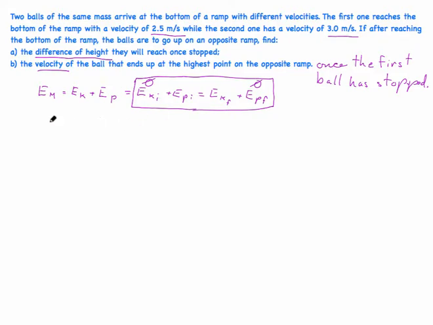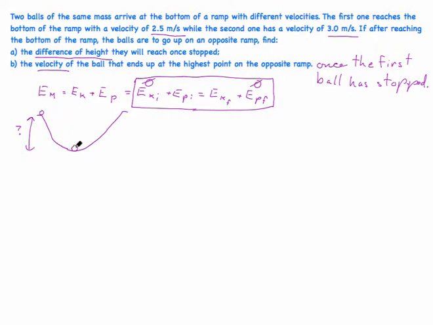Okay, so we have a ramp. I'm going to sketch the ramp. And opposite, once the balls reach the bottom, they are going back up another ramp. We don't know the height of this ramp, so we don't have this height here. What we have though is that both balls don't have to go down at the same time, but we can measure some things.